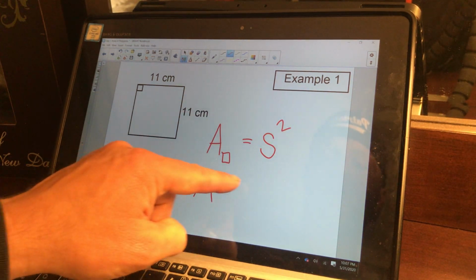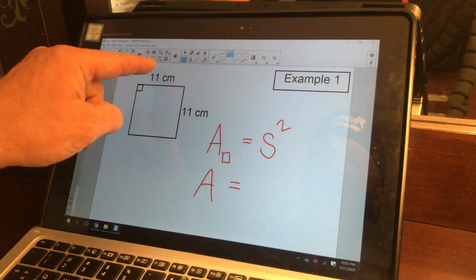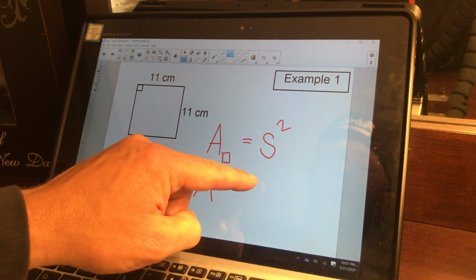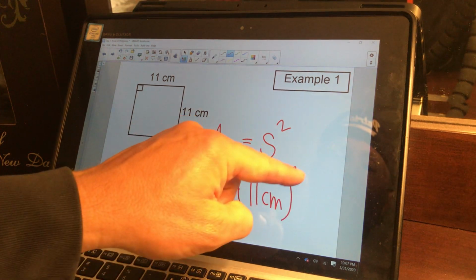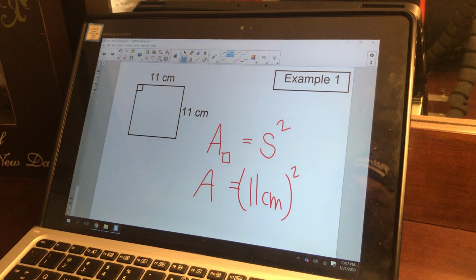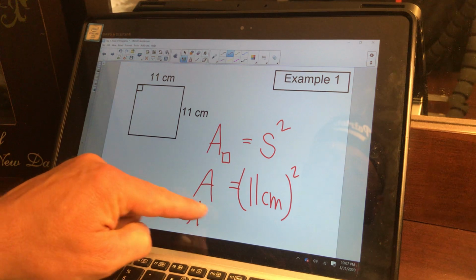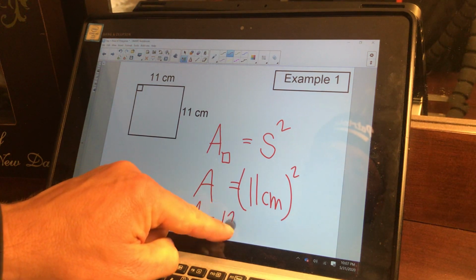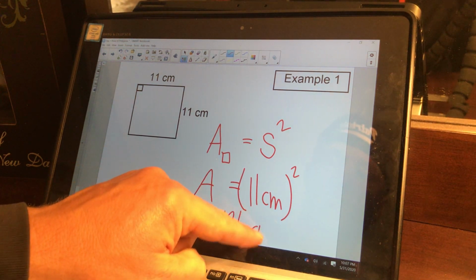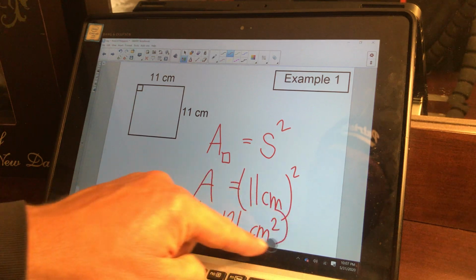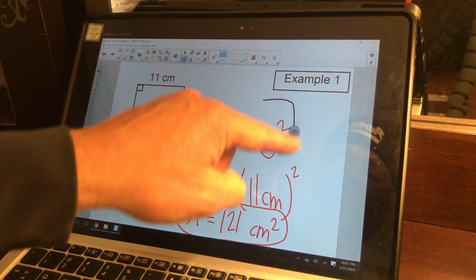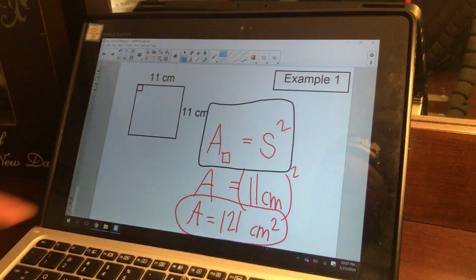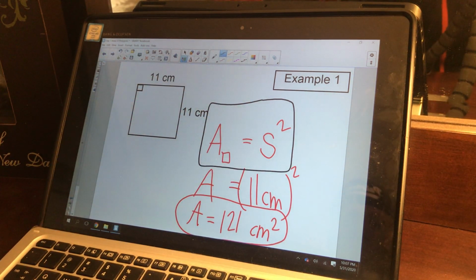Because the side is the same on both, the area is just 11 centimeters squared, or 11 times 11. Area equals 121 centimeters squared. Okay, that's the formula. I'll try to highlight these or make sure you have them. The area formula for a square.